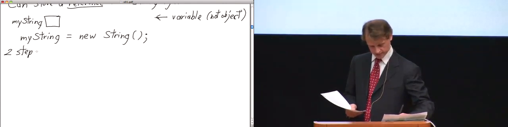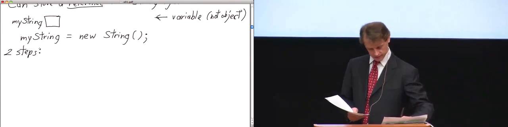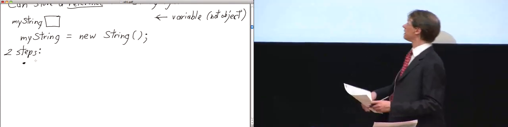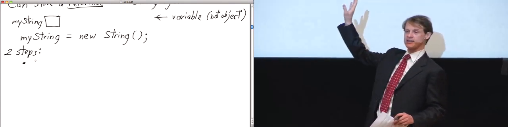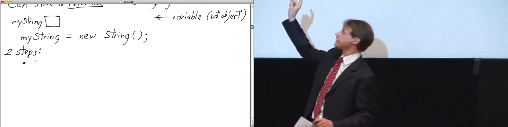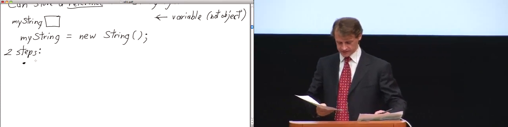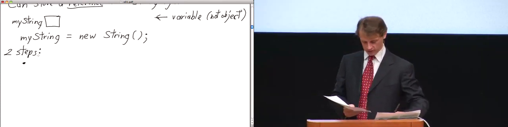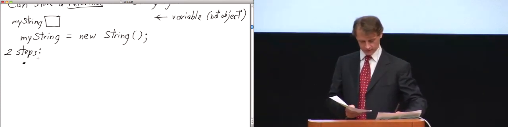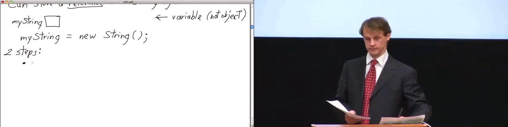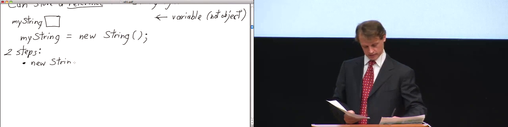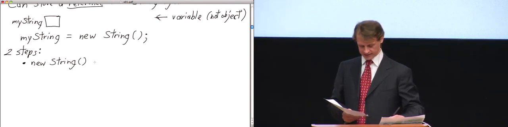In a certain sense it gets run from right to left. The first piece of this line of code that actually does anything is the part that says new String. Java executes that, and it is called a constructor.